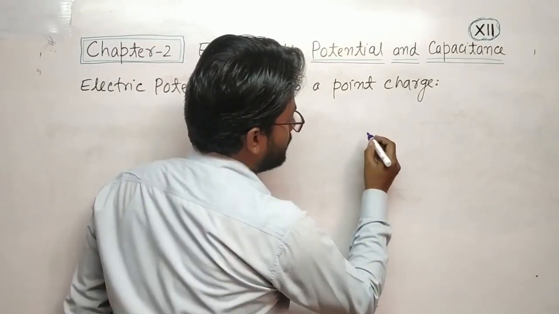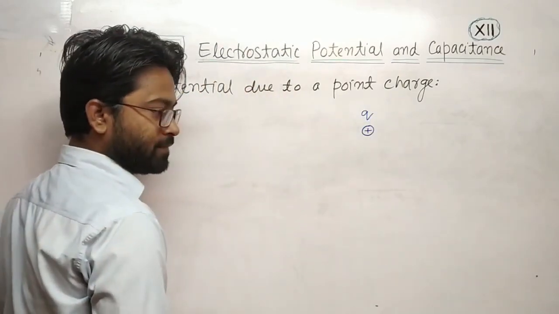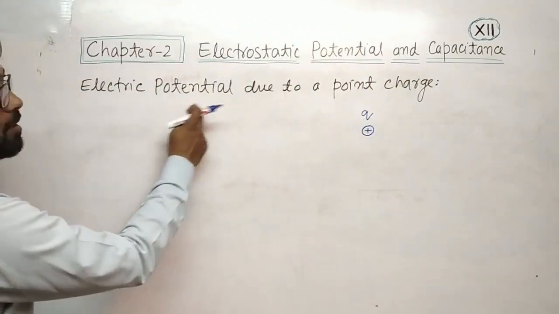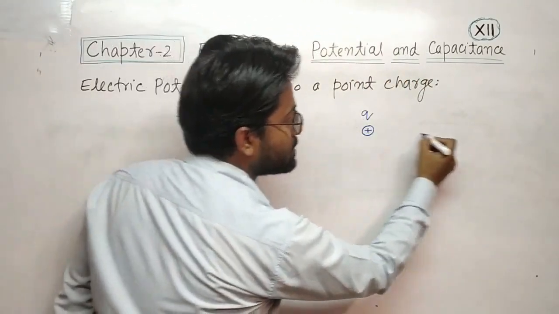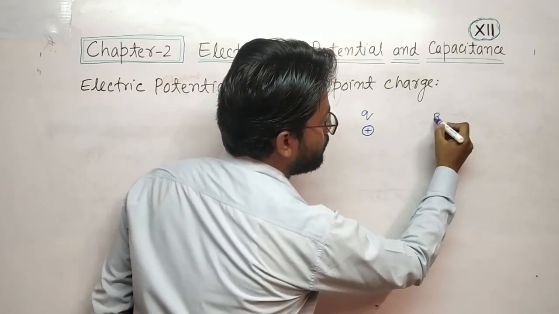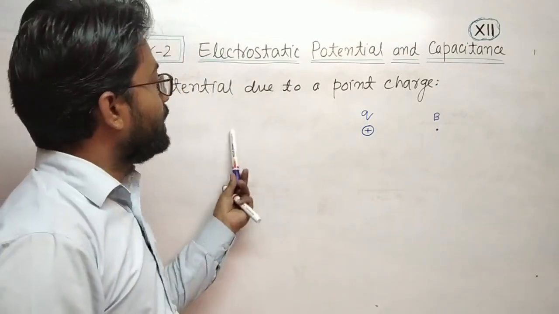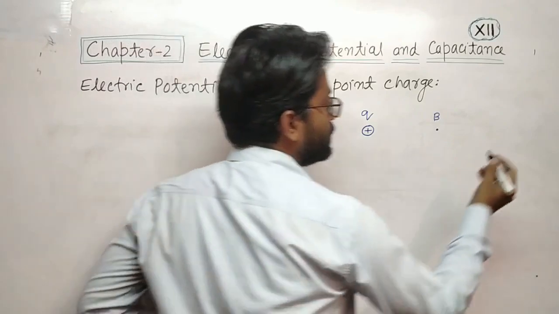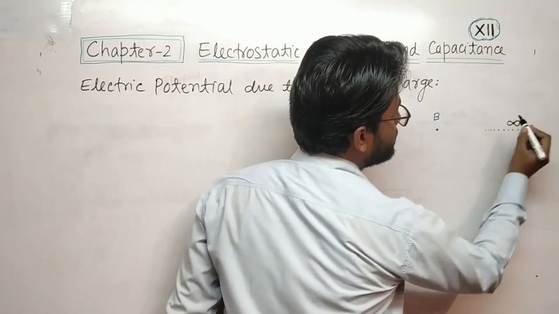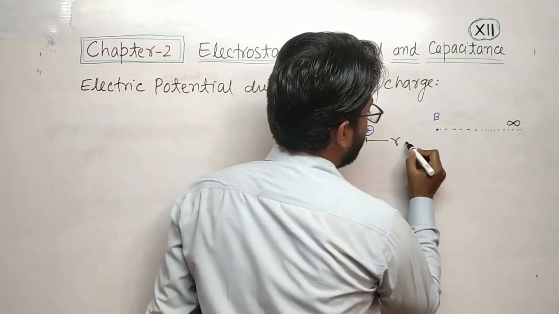Let us suppose this is a charge Q, and we need to calculate the electric potential due to this charge at this point. Let us suppose that point is point B, and we take a unit charge coming from infinity to a particular point.